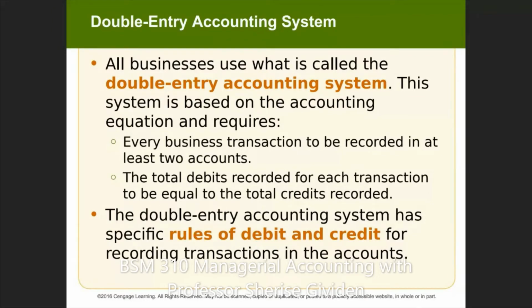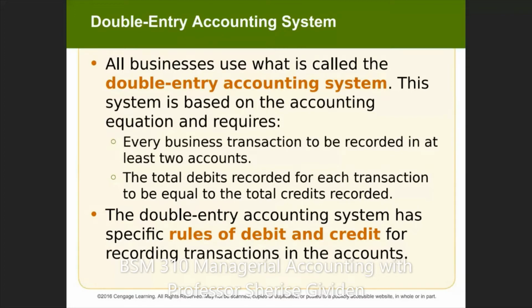So that would be a donation. You're donating $500 to them. So you're going to record the donation and you're going to record the cash going out. Or if you're letting them borrow the money, well, now you're affecting your accounts receivable because now they owe you money. But you're also affecting cash. So you're always going to at least affect two accounts.